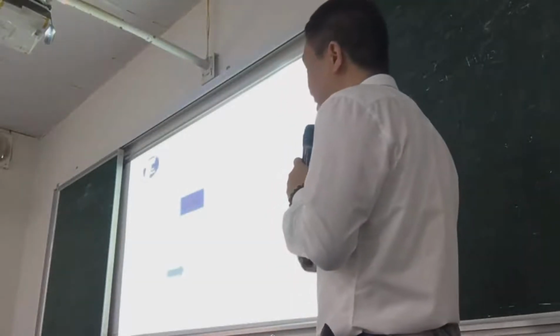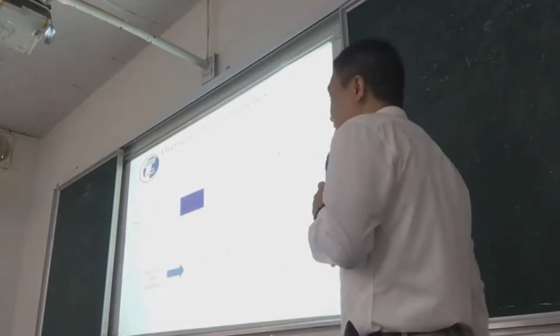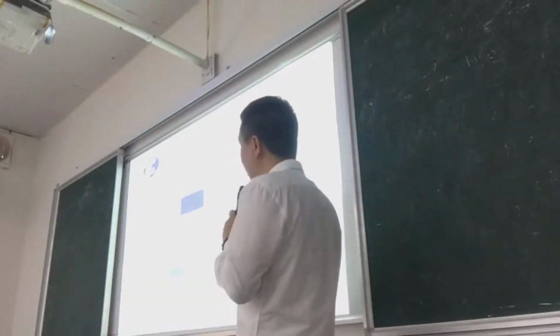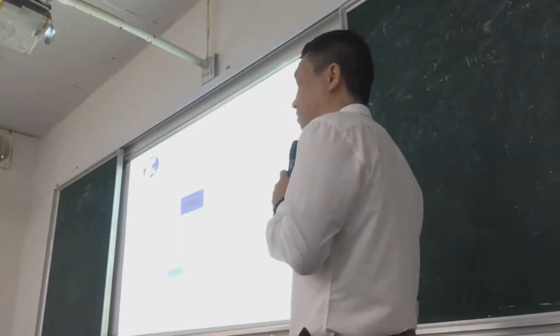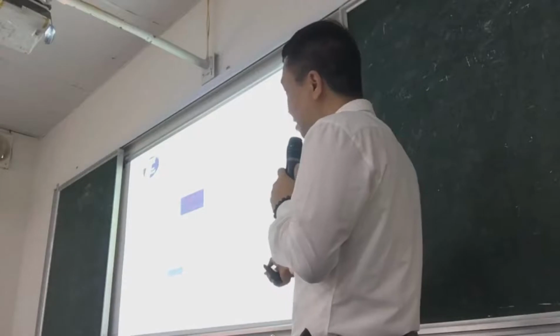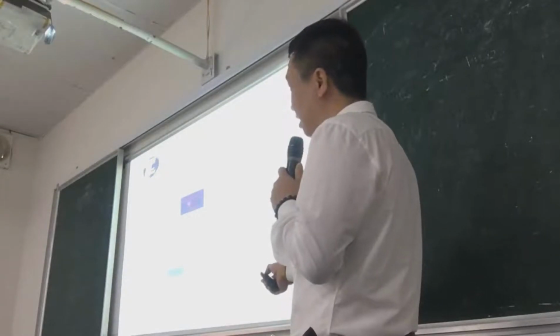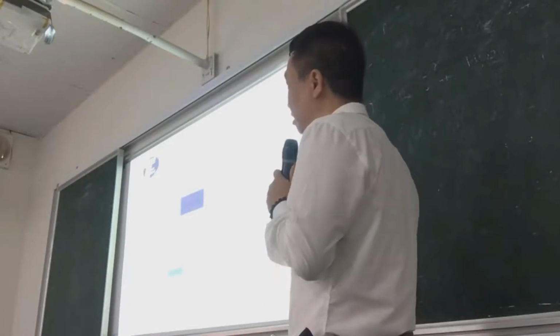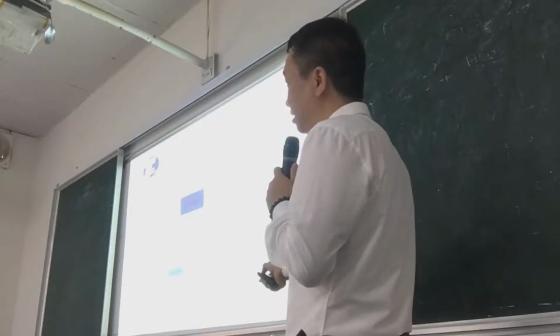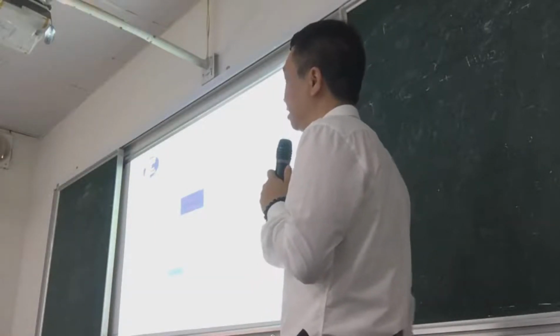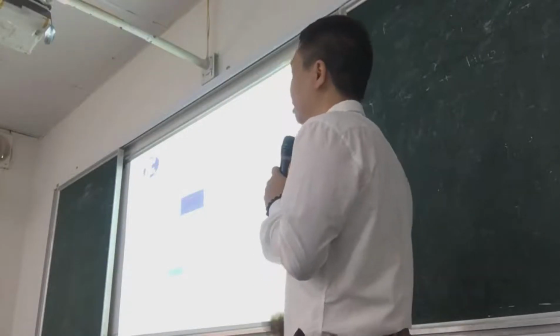So look at this slide. Our course is about the Maxwell equations. And here we stay here: magnetostatics. The last chapter, electrostatics, we already finished, and now we stay here.